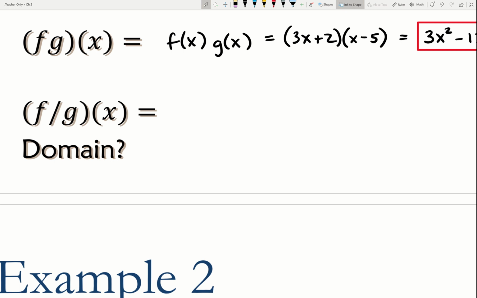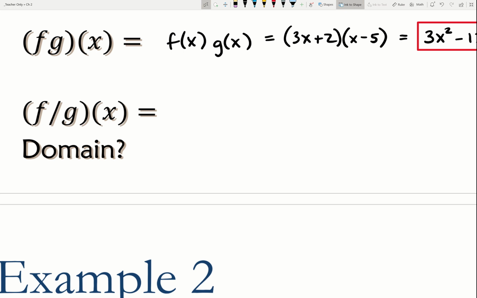Now, the reason that it asks us for the domain here is because this is one of those situations that we were on the lookout for whenever we were trying to find domains, right? When we have a denominator, we simply set it not equal to 0, and then we solve that. So x is not allowed to be positive 5, and so if it asks us for the domain here, I might stick with a capital script letter D of f divided by g.